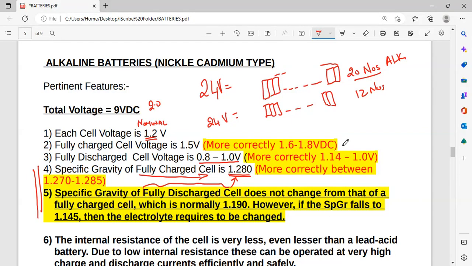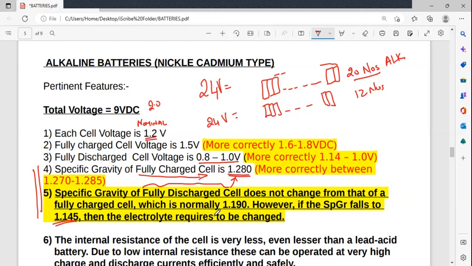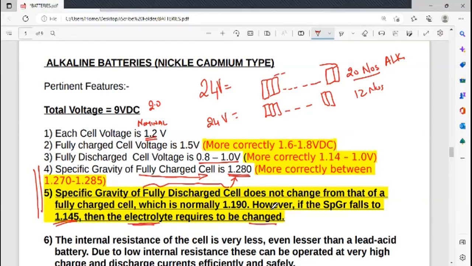But if the specific gravity has fallen to this particular figure, then what is the action that you're going to do? You are required to change your electrolyte. You have to change your electrolyte with that particular specific gravity of 1.280.